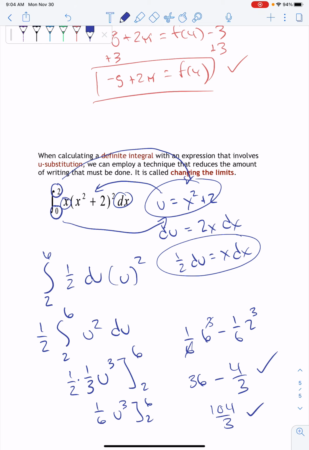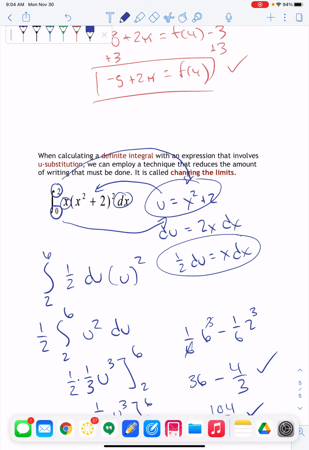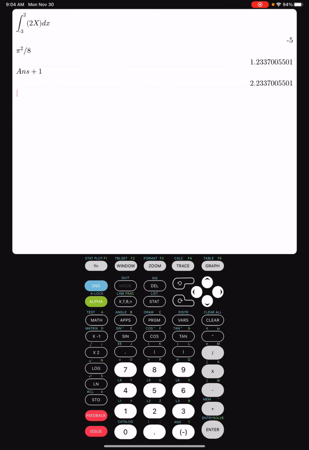Either way, we can check our work. If I go to my calculator, and we'll do this in the normal window this time. I'm going to go math 9, and I'm going from 0 to 2, and I'm going to put in x times the quantity x squared plus 2, close parenthesis, and square that.